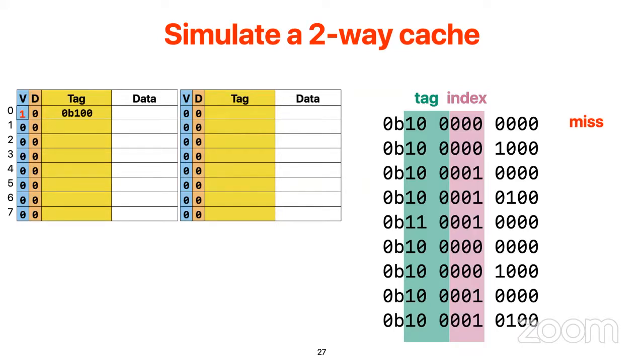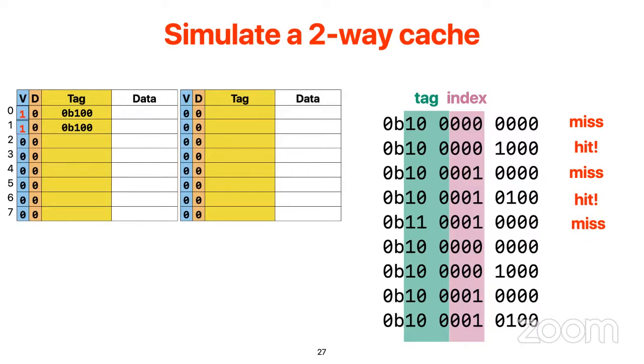Now the second access: because index 0 now has something called 100, we know it's a hit. Again, for this one, index 1 doesn't have anything, so we have to bring a block called 100 here. Because the first time there's no block there, it's a miss. But the next time, because the 100 block is right there, it's a hit.